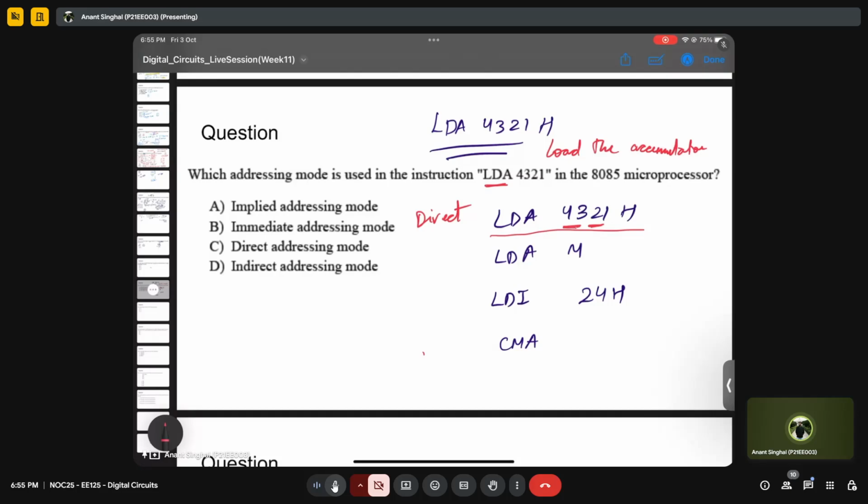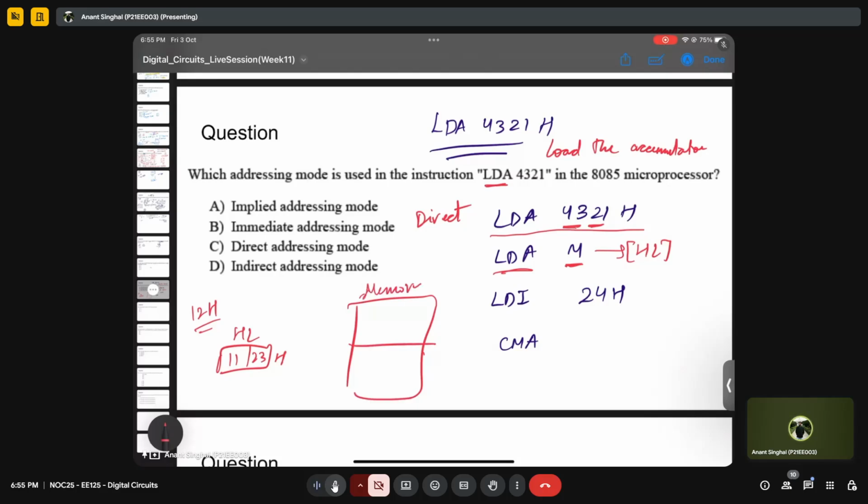And let's say I had written LDA M, some memory location. As I have already told you, M is actually the HL register pair, right? Let's say the content is 12H, and HL has some value, 1123H. What will happen? It will first go to that particular location, 1123H, and the content will be loaded into the accumulator.